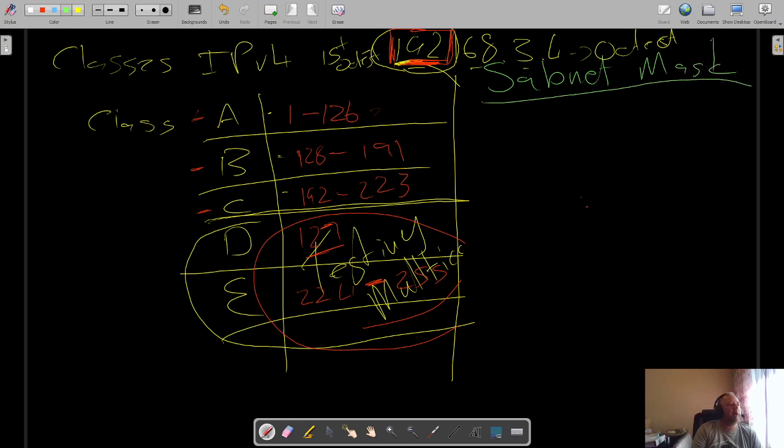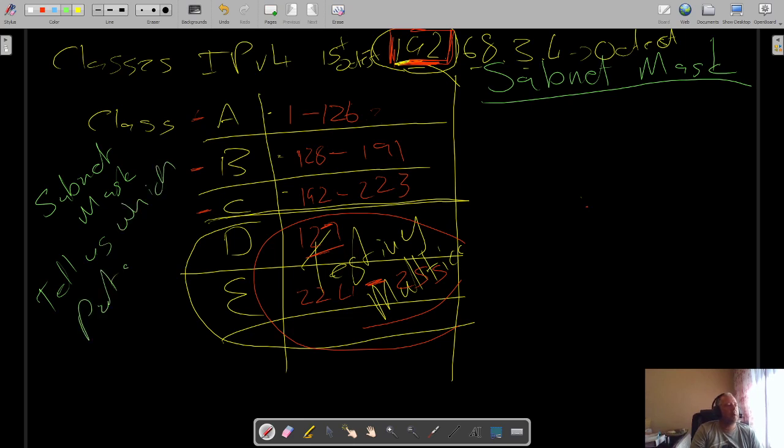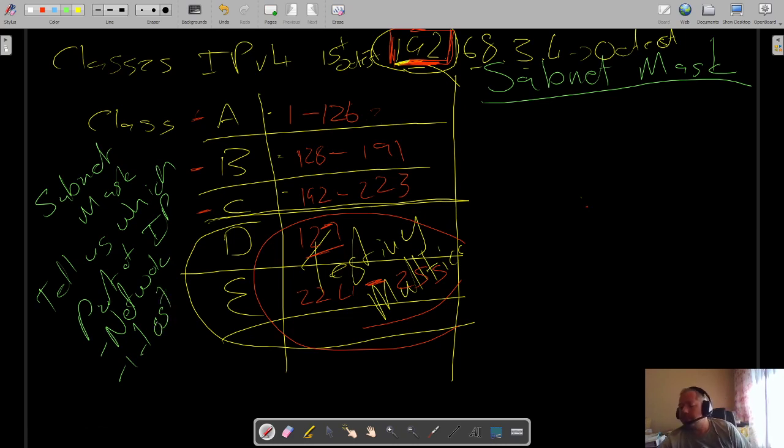Now what is the subnet mask? I'm going to put it over here on this side. The subnet mask tells us which part of the IP address is for the network and which part is for the host.